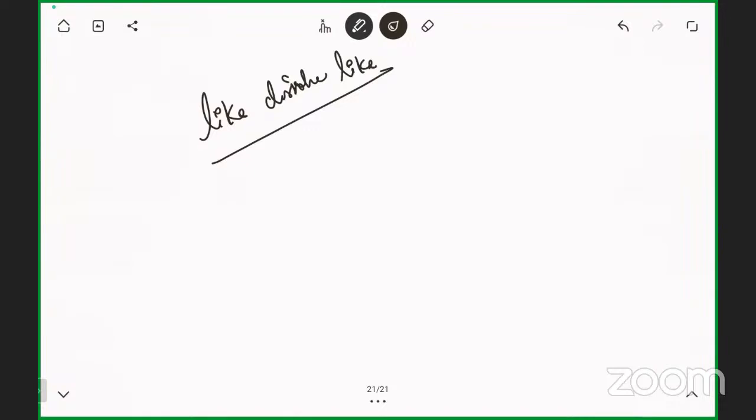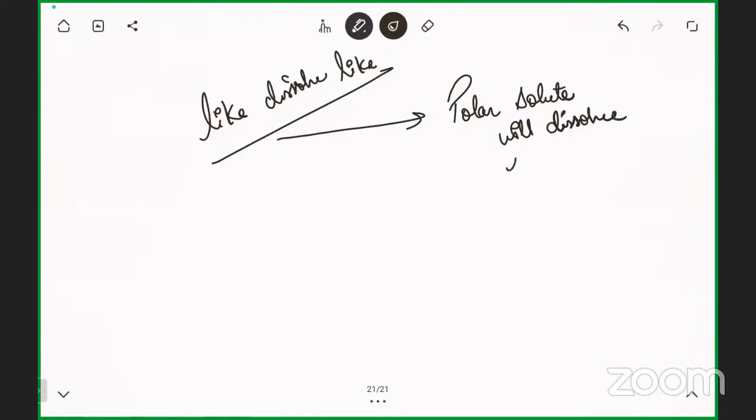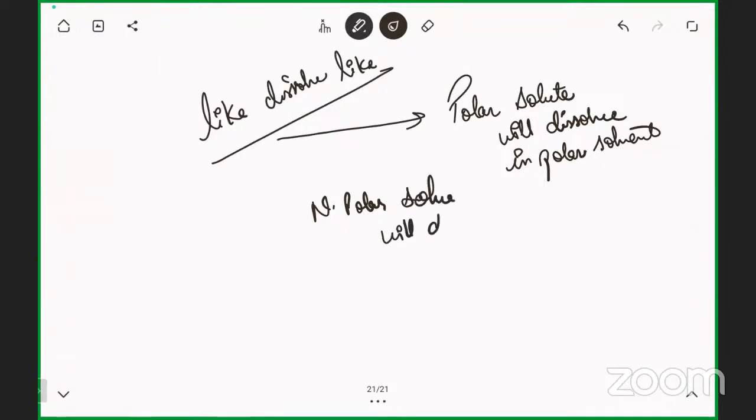Okay. This rule means a polar solute will dissolve in a polar solvent, and a non-polar solute will dissolve in a non-polar solvent.